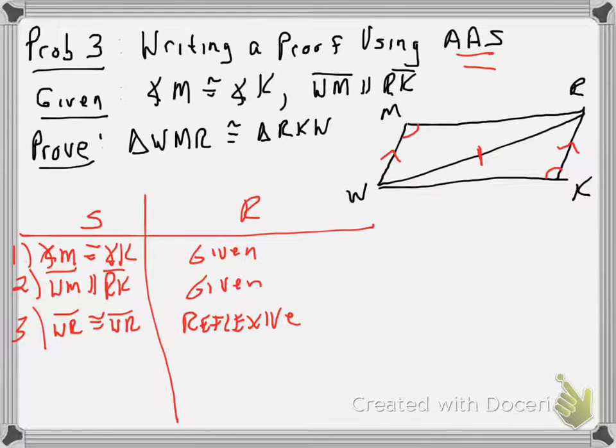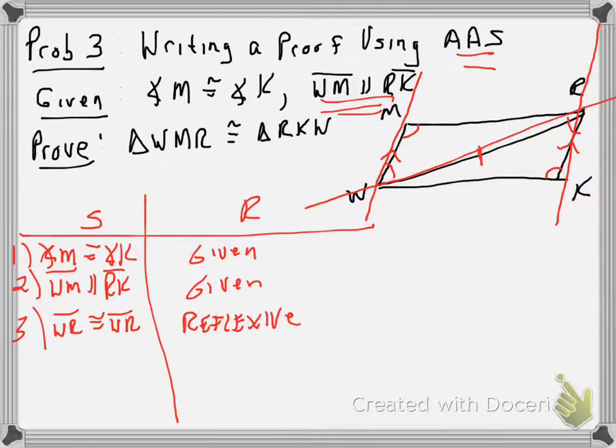The key, again, is to use the given. There's a reason they're giving you that they're parallel. WM is parallel to RK. So I'm saying that this line right here is parallel to this line right here, which is cut by this transversal. That looks awfully familiar. Okay, parallel lines cut by a transversal, alternate interior angles are congruent.